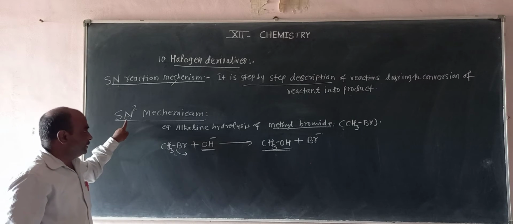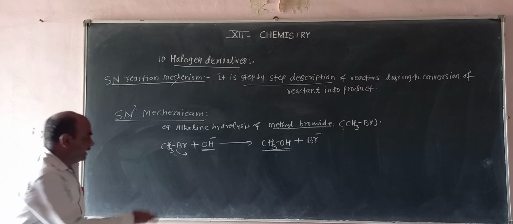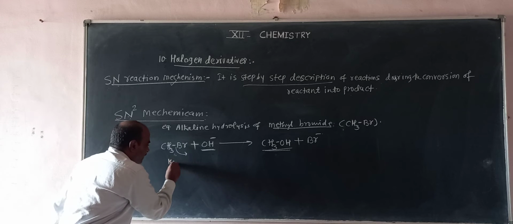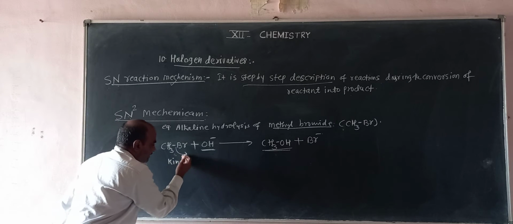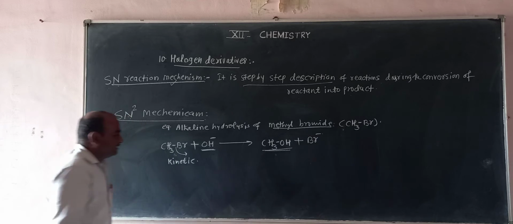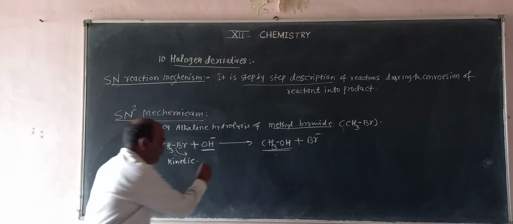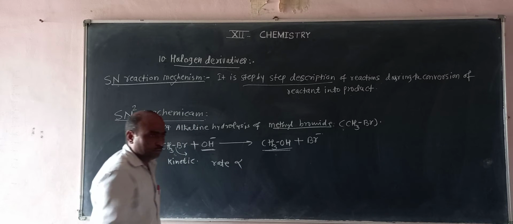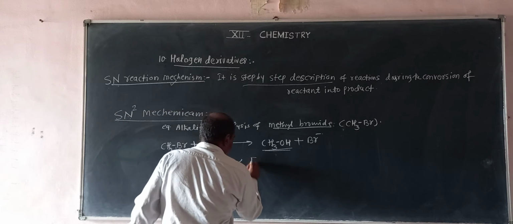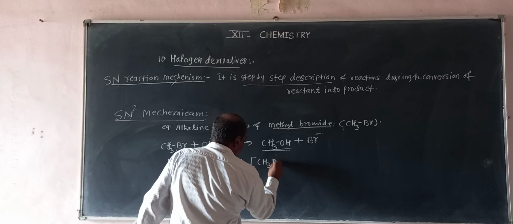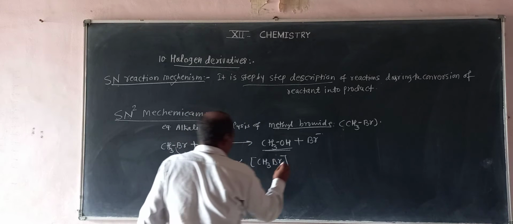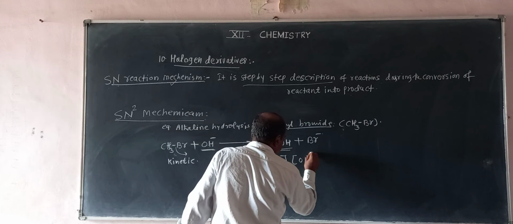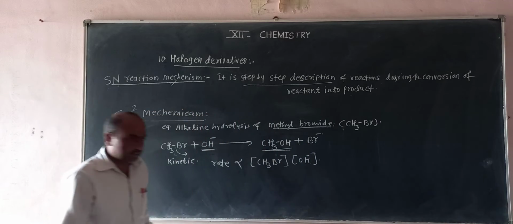So in the SN2 mechanism, the kinetic study shows that the rate of the above reaction is directly proportional to the concentration of the first reactant, methyl bromide, as well as the second reactant, OH minus.